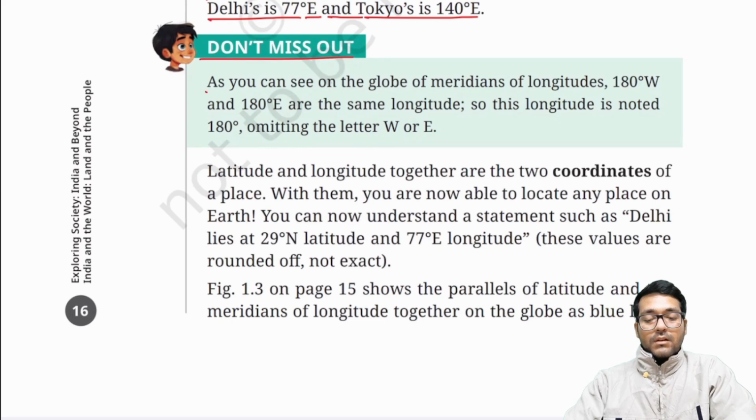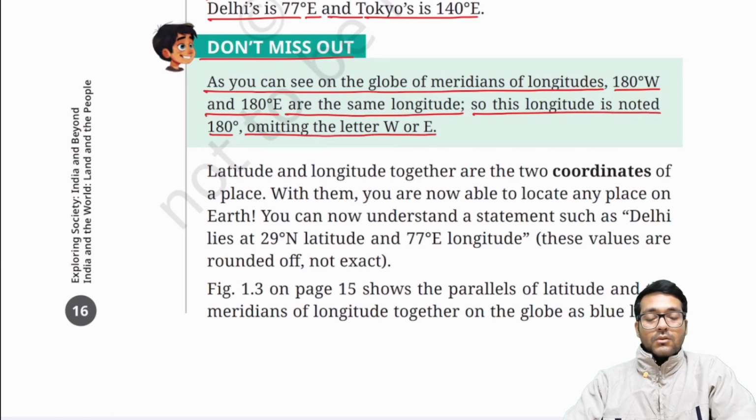Don't miss out. As you see on the globe, the meridians of longitude 180° west and 180° east are the same longitude. So this longitude is noted 180°, omitting the letter W or E.